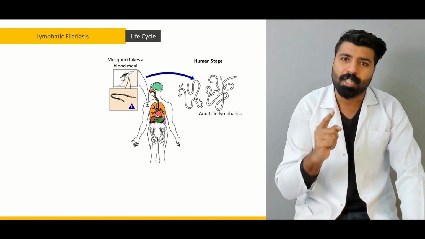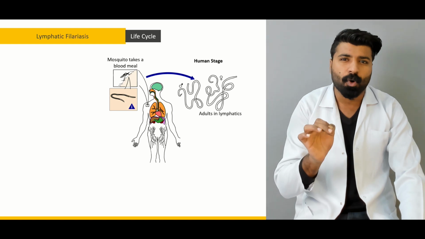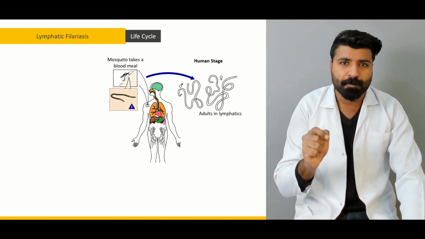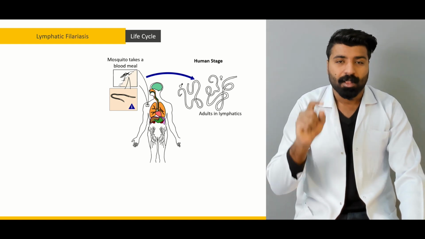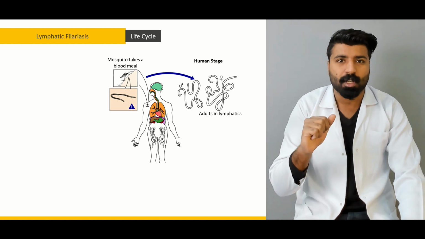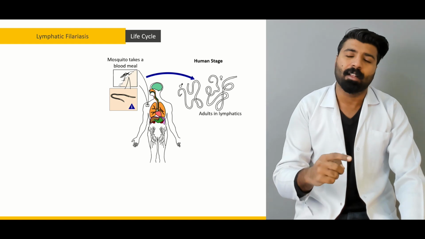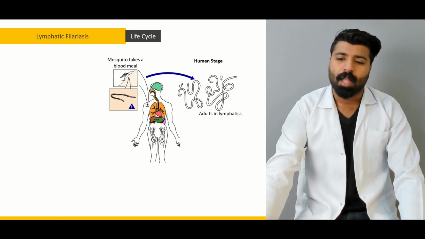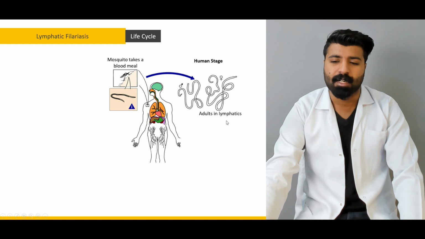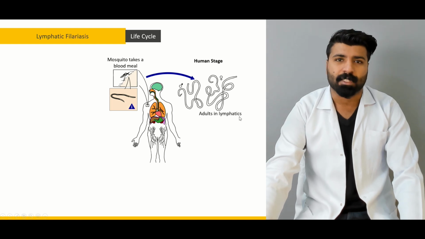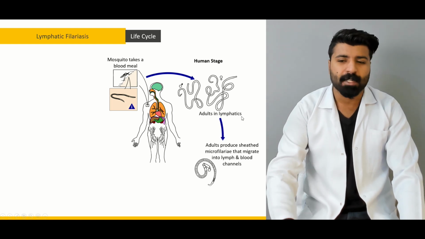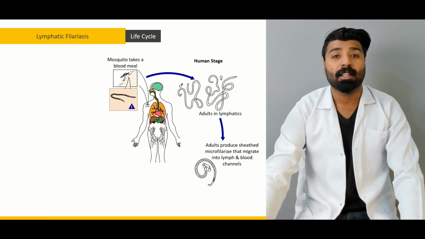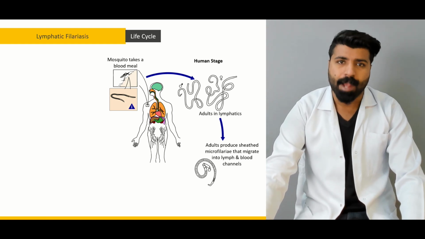At night when you're sleeping. And what's in your peripheral blood? Offspring, those larvae, are present. That's where it happens. They take those larvae through the blood meal, and then the life cycle continues. So adults are found in the lymphatics, and offspring are found in the peripheral blood at night.